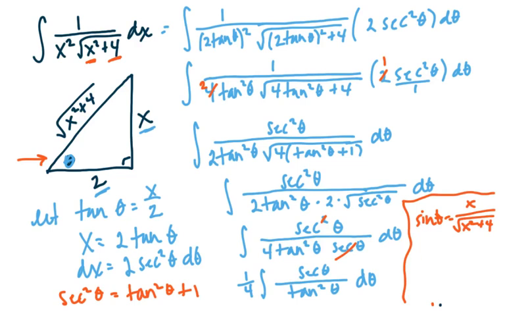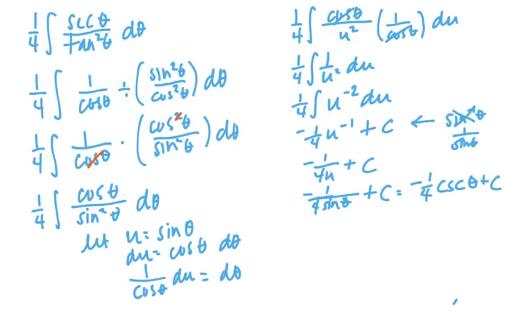Then cosecant theta is the reciprocal, which it's going to be easier to use cosecant in this case. The reciprocal, which is the square root of x squared plus 4 over x. Because whatever you find for sine, you flip it to be your cosecant. So the square root of x squared plus 4 over x.